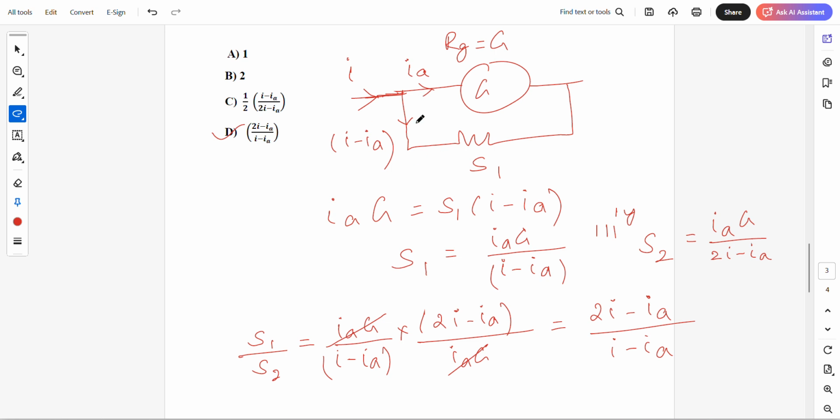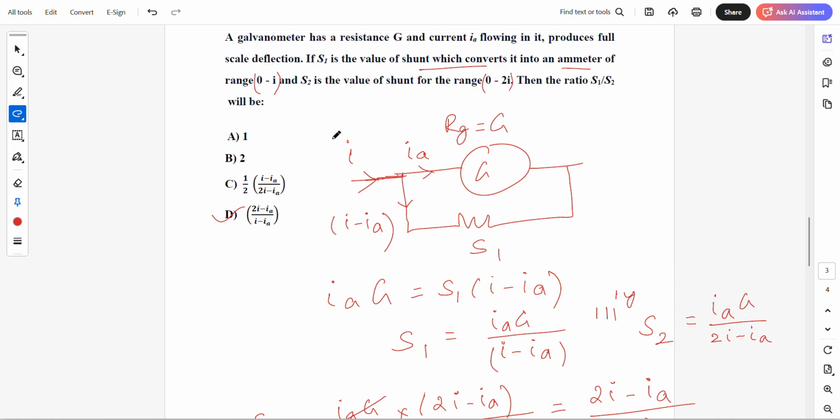Which option is right? Be careful about the range of the current they have given. Here 0 to I, and here the maximum is 2I. If this galvanometer is there, RG is equal to G. Here for S2 it becomes 2I, and here IA flows.